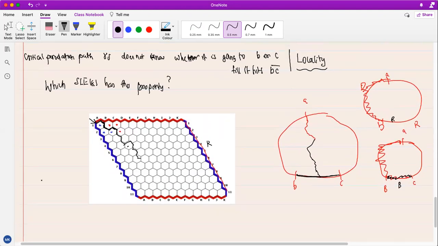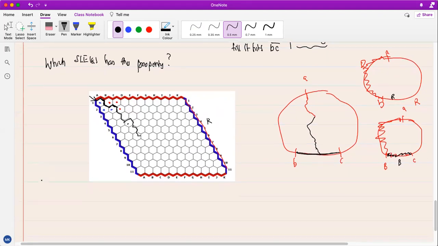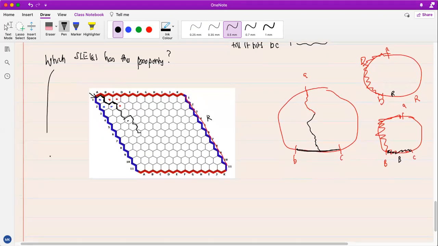Let me just say a word about how that comes. More precisely, this locality property translates to the following. You consider SLE kappa.